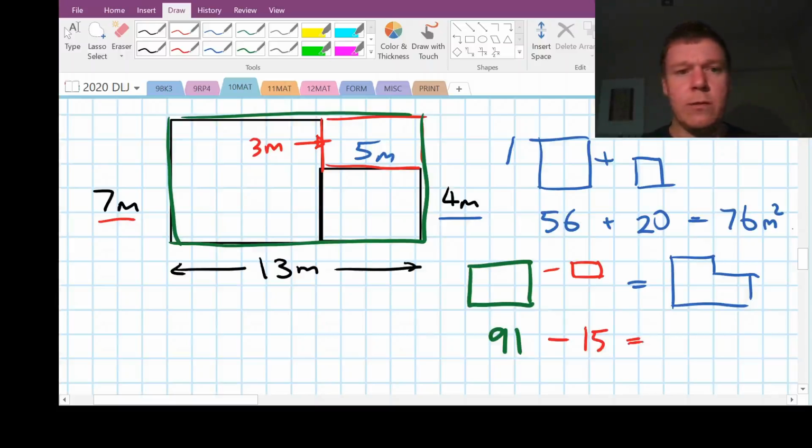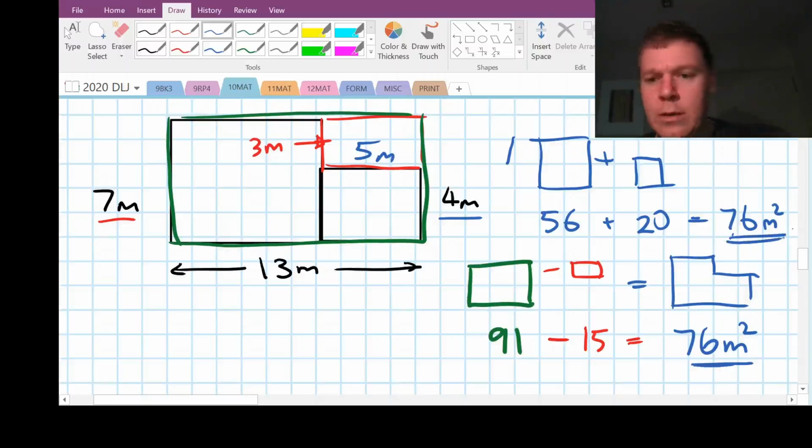That equals, quick math, Mr. Daly, 76 meters squared. Didn't even have to think about it, I'd already solved it up here.